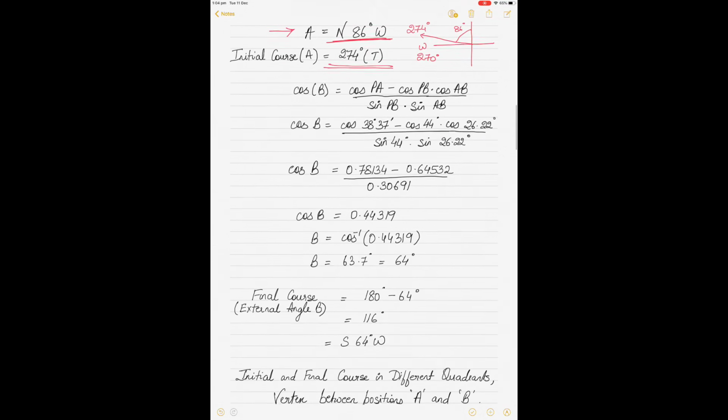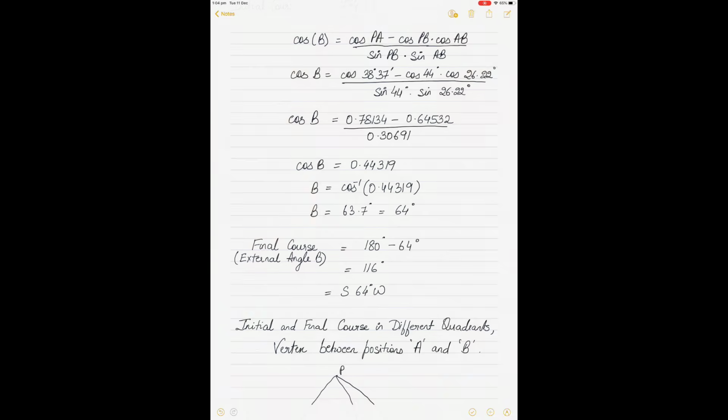What you also need is how to find out the final course. To find out the final course, we first need to find out internal angle B in the diagram, cos B. So we use cos B and we use a similar formula as we have done previously. Put in the included angle, the side opposite to it, and then the sides next to it, as explained above. Simply put in the values here as I have.